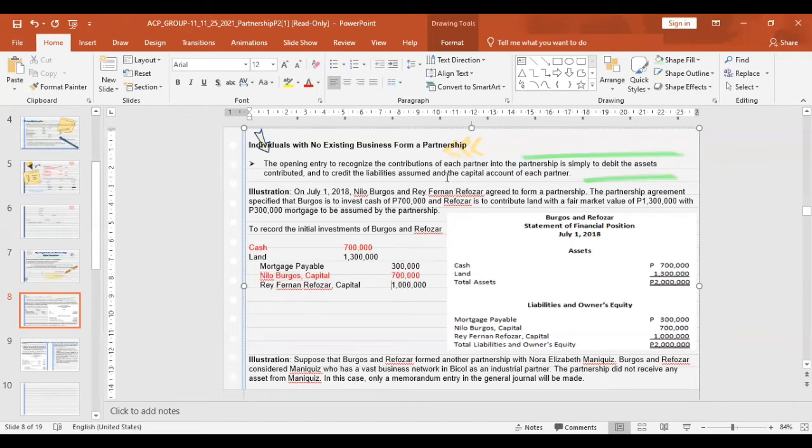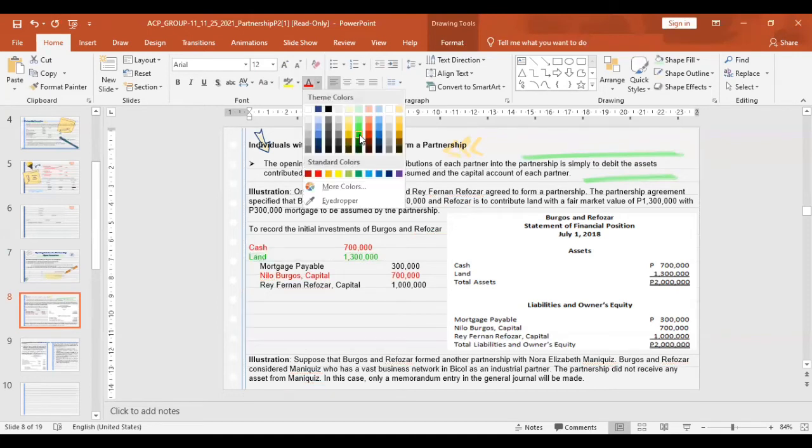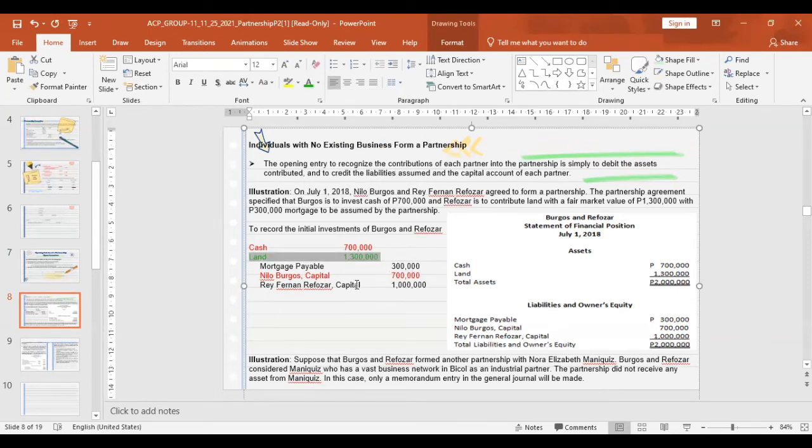Tapos yung kay Ferdinand Rifozar daw, sabi niya, land daw ang ibibigay niya. So ibinigay niya ng land na may fair market value na 1,300,000. Kaso may mortgage na kasama yon, 300,000. So ililess mo lang siya kasi nga may utang naman pala. So yung totoo niya lang capital diyan is 1 million.